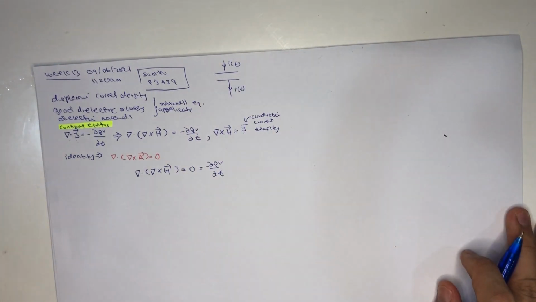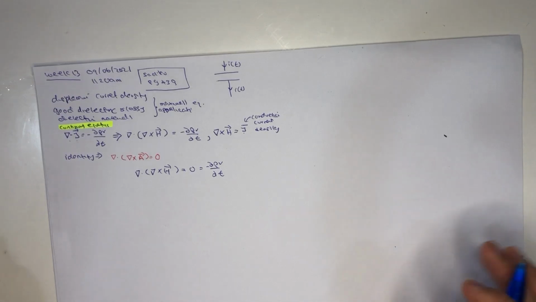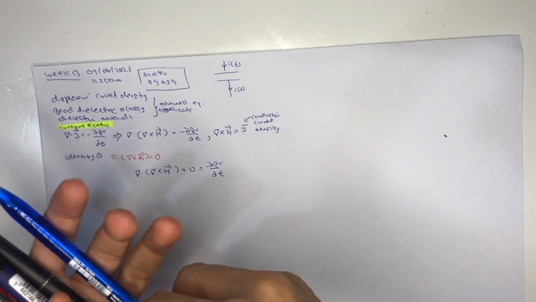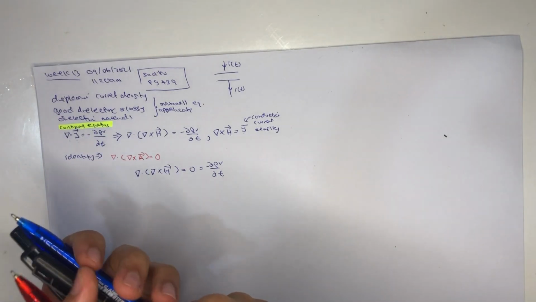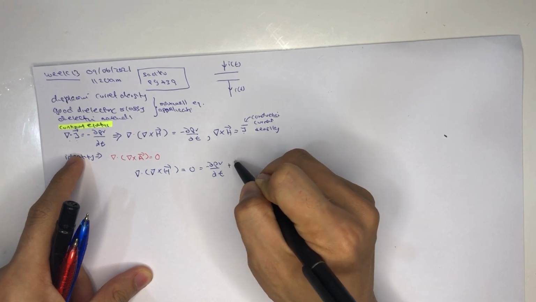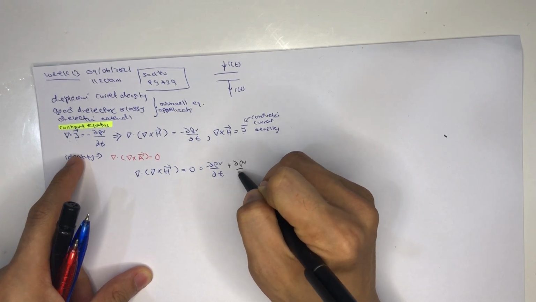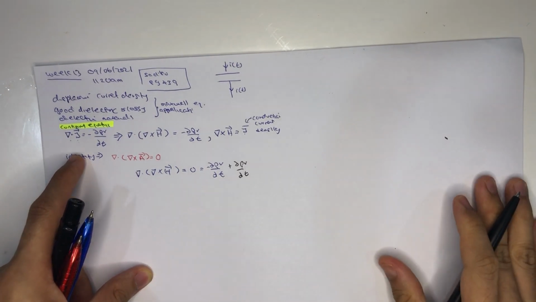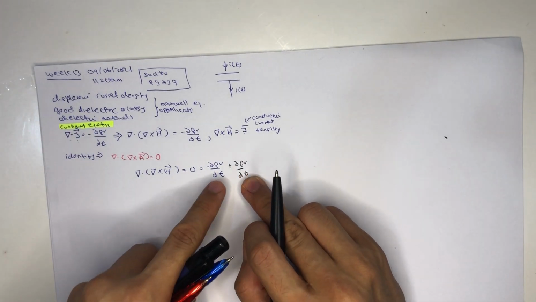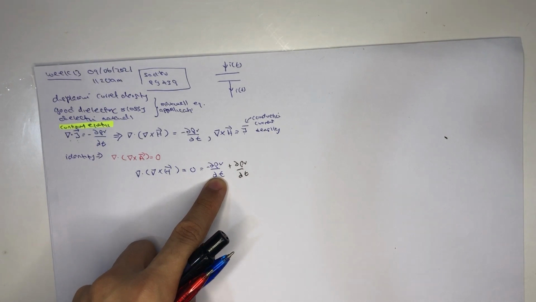So we need to do some modification to suit these situations, where we need to modify our equation that we learned from the static field. We need to introduce another component to make this equation valid. So we add d rho v over dt. Now it's valid, because this one plus this one will result in 0.